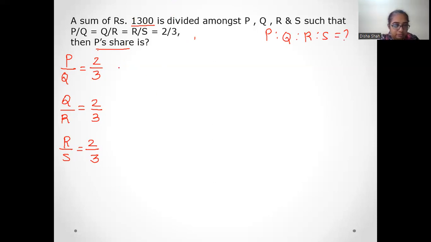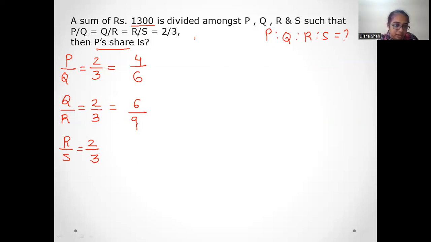और दैट व्हाट यू विल डू, कॉमन क्या है देखो, फर्स्ट एंड सेकंड में Q कॉमन है. इस केस में Q 3 है, यहाँ पर Q 2 है, तो 3 and 2 का एलसीएम 6. 3 का 6 कर दो, 3 का 6 करेंगे तो 2 का 4 करना पड़ेगा. यहाँ पर 2 का 6 कर रहे हैं, कितने से मल्टीप्लाई किया, 3 से, तो इसको भी 3 से मल्टीप्लाई करेंगे.